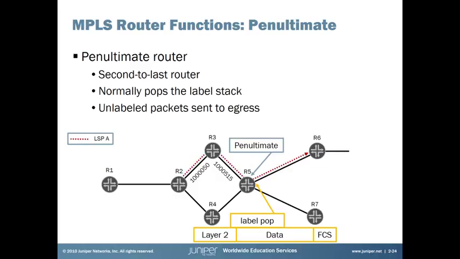It normally pops the label stack. So it will pop the label and not do a swap. So it will then be forwarded onto R6 without a label. And that's because R6 is the end of the path. R6 doesn't need to do an MPLS lookup, so it doesn't need a label.